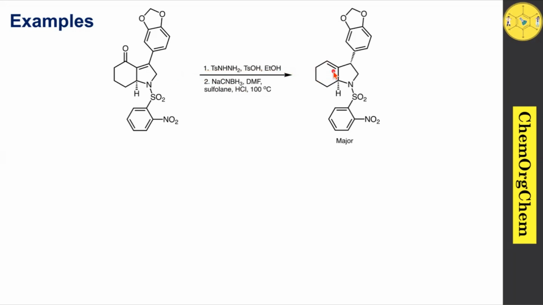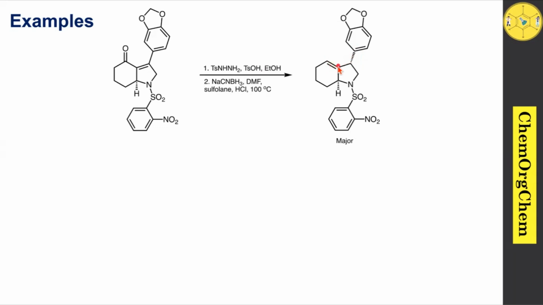Apart from that, we should note the stereochemistry of this ring system. The stereochemistry here is present at the bottom face, which means that the hydrogen atom should be transferred from the top face.